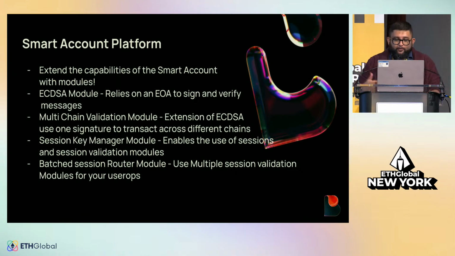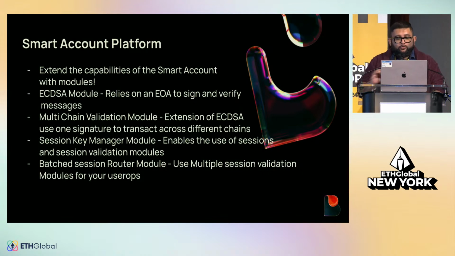But going a step further, we now also have a multi-chain validation module, which acts the same way as the ECDSA module. You use an EOA to sign for your transactions, but using that EOA and one signature, you can interact on multiple chains, all with one signer. So you don't have to have your user switch between different networks. You can just interact seamlessly across chains and completely abstract away the need for your user to even think about what network they're even using.